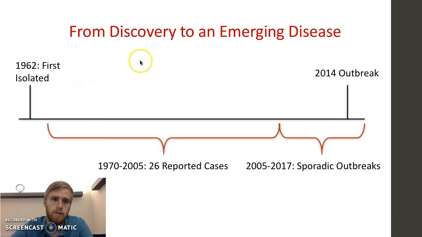Then from here, we'll look at some history of the virus. It was first isolated in 1962 by a pediatrician in California. From then until 2005, there were not many cases of the virus. Only 26 were reported. Since 2005, there have been sporadic outbreaks of the virus pretty much worldwide.